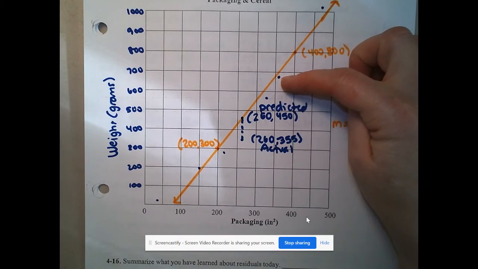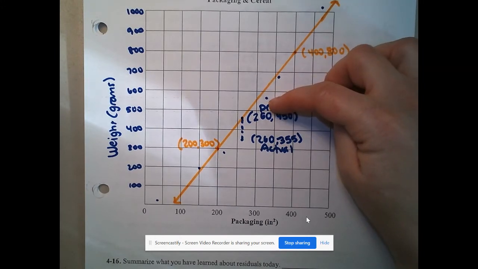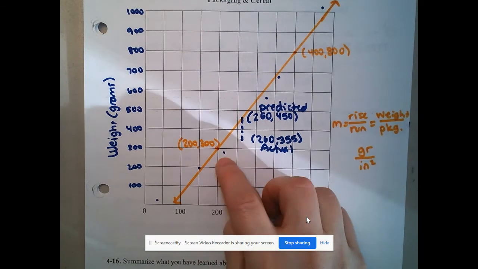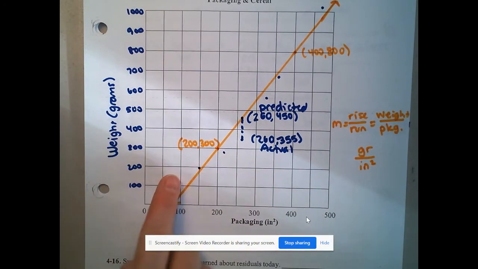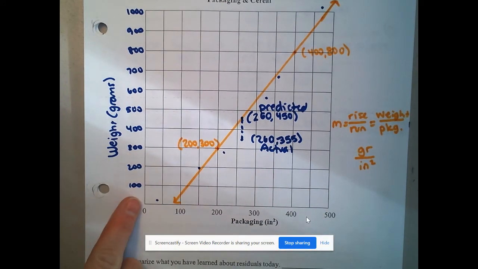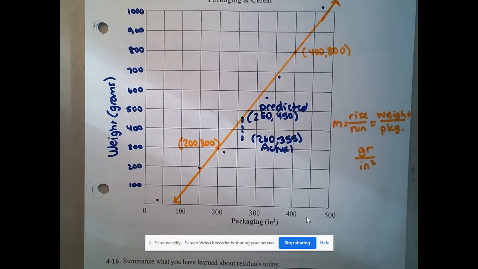This box held less than we predicted. Another negative residual because it held less. Another negative because it held less. This one held slightly more, and this one, if you extended the yellow line, would actually hold a lot more than predicted, because remember, this line ends up extending down into the negatives. So we should have a matching number of negative residuals with the number of positive residuals.